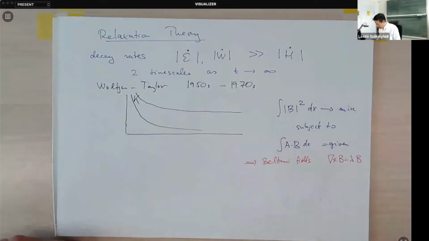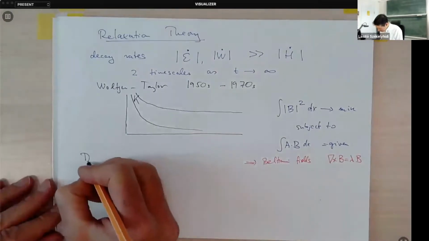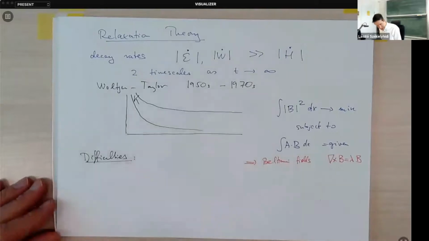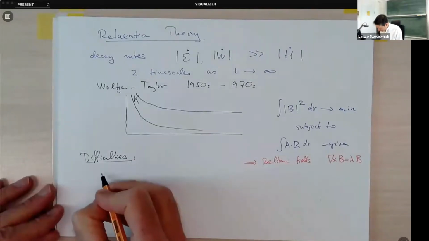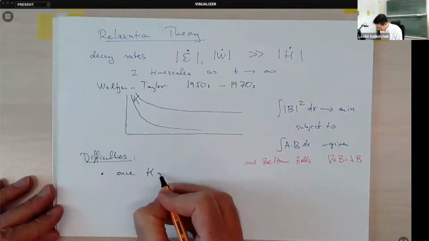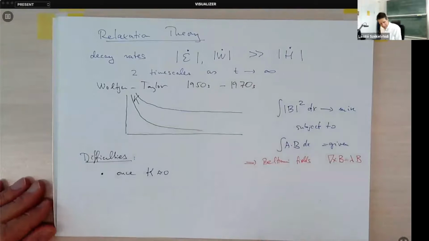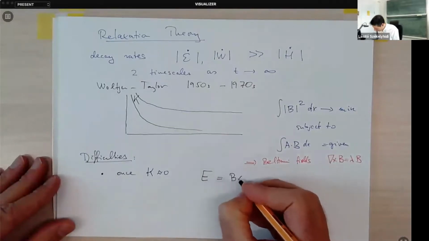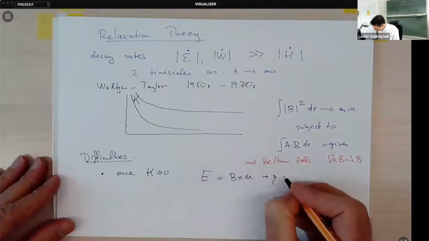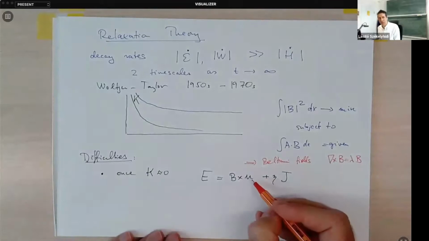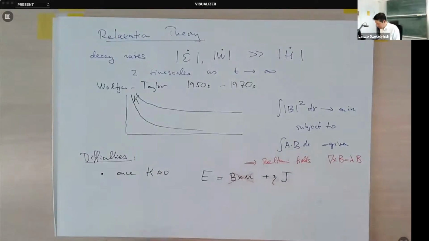Now, there are a couple of difficulties with this theory. The problem is, first of all, that once the kinetic energy is essentially zero, then in the electric field equation, we had E equal to B cross U plus eta times J. U is more or less zero, so this is essentially neglected.